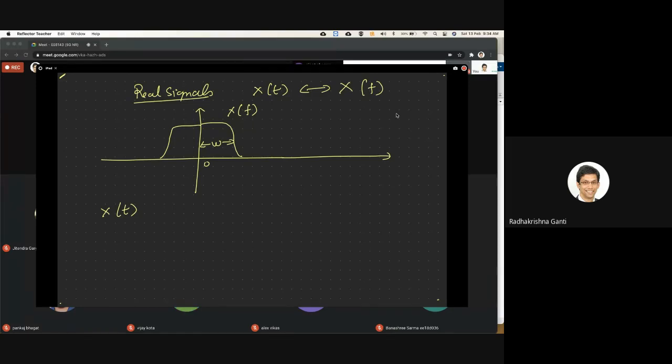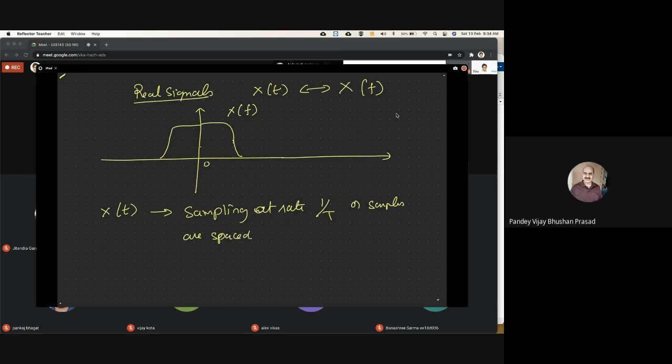So you are sampling x of t at rate 1 by T, or the samples are spaced T time distance apart. Every time T you are sampling.